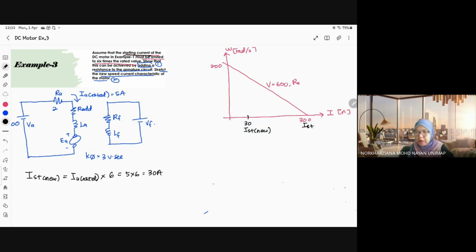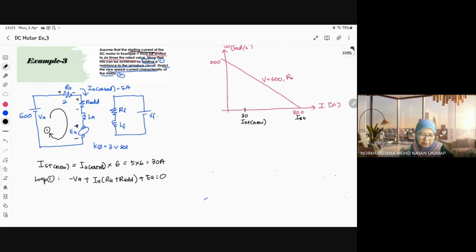Okay, so how? We just use this circuit, your loop 1. Take the Kirchhoff voltage law: negative VA plus IA RA plus RX in series, so we just add them, plus EA equals 0.